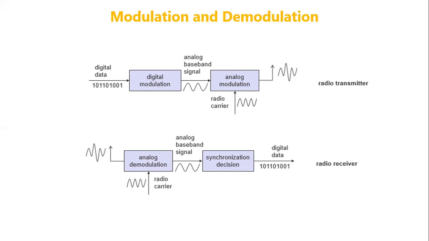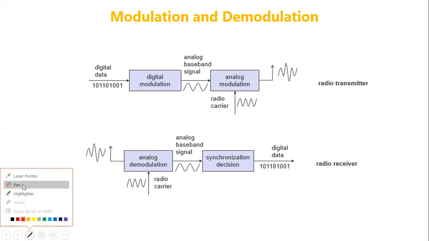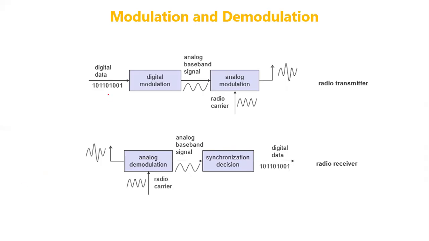What we'll be discussing is the basic working principle of modulation and demodulation. What is modulation and what is demodulation? This top diagram explains the concept of modulation. First, we have the digital data, and it goes through digital modulation.